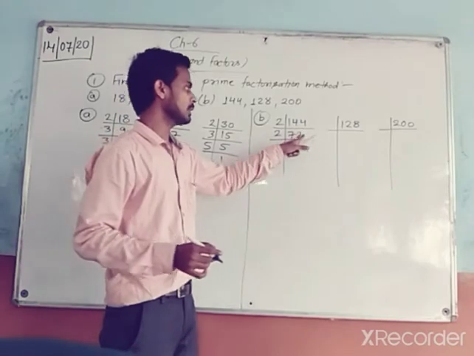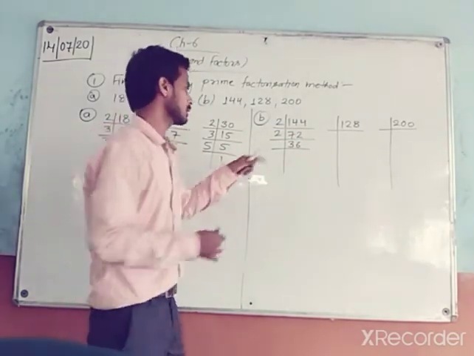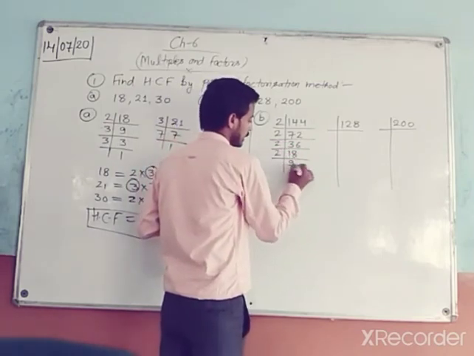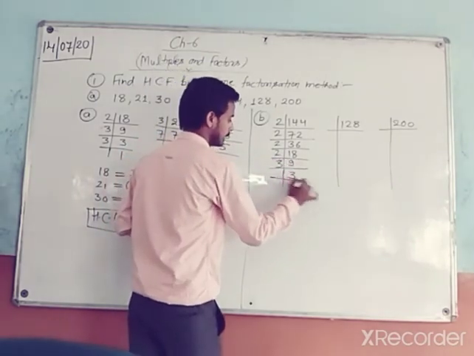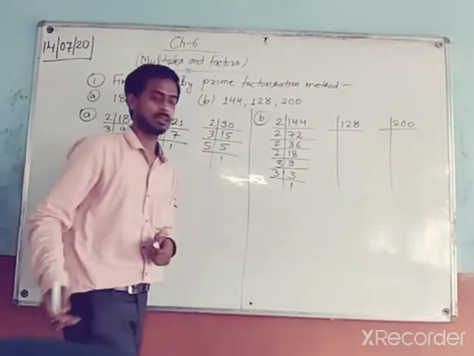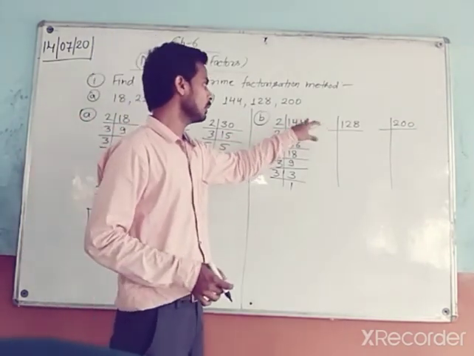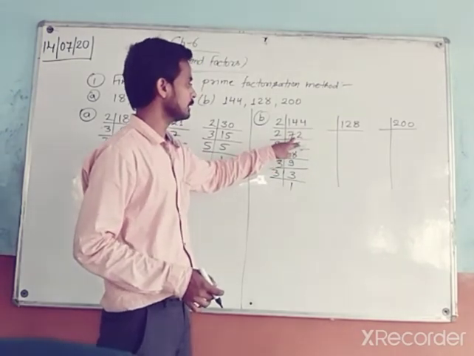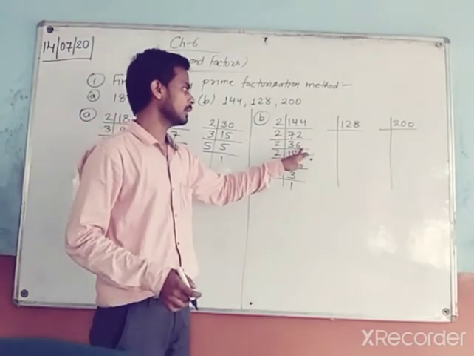Again divide this 72 by 2, then you will get 36 as quotient. Next, 2 eighteens are 36, 2 nines are 18, then 3 threes are 9 and 3 ones are 3. See, 144 is divided by 2 because the last digit is 4, then we get 72. Again the last digit is 2, so again divide by 2, then we get 36.